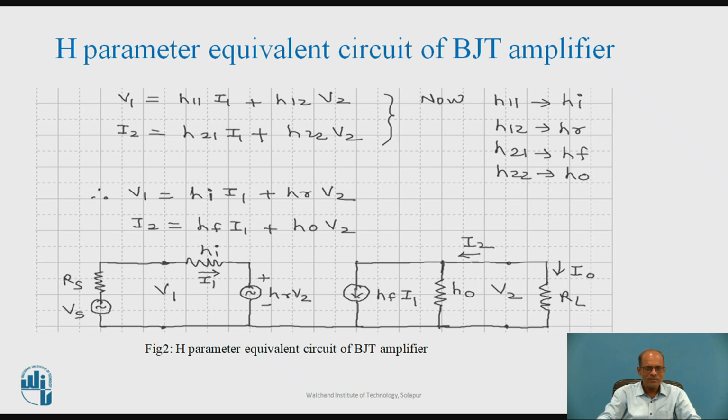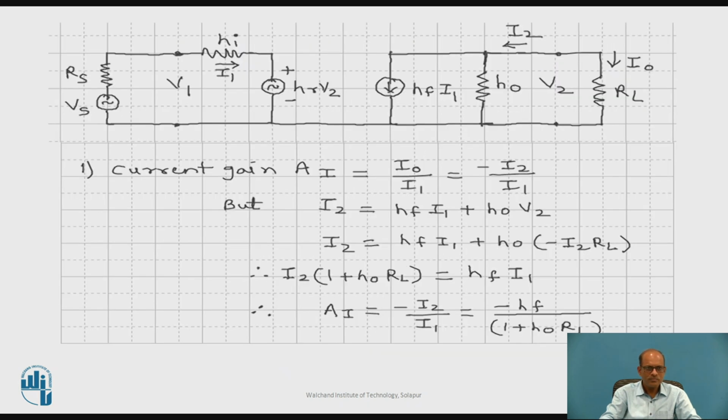Now this is the H parameter equivalent circuit for the BJT amplifier, and now we will proceed further for the derivation part.